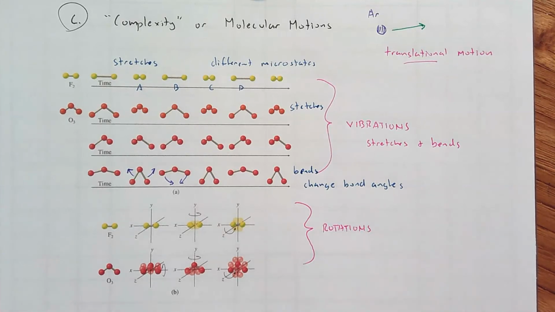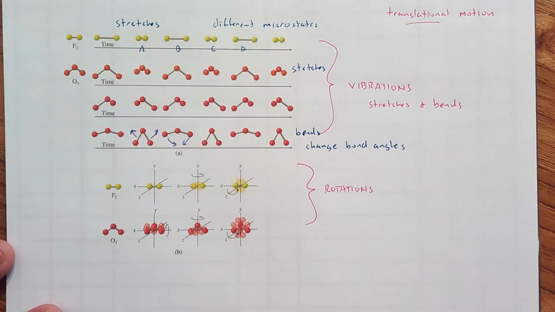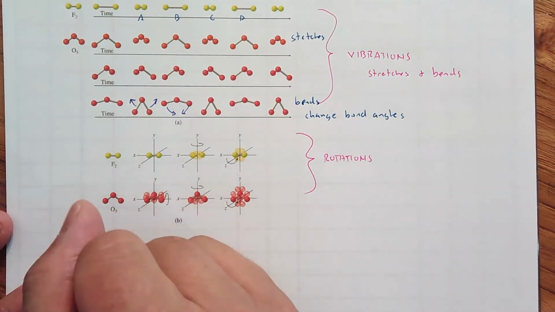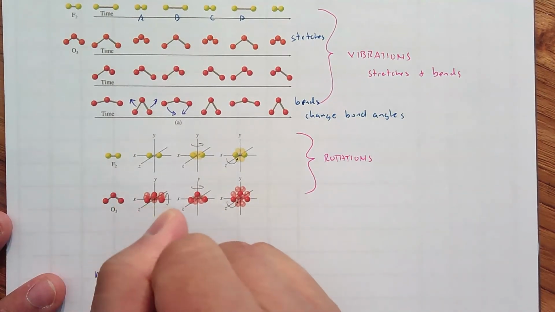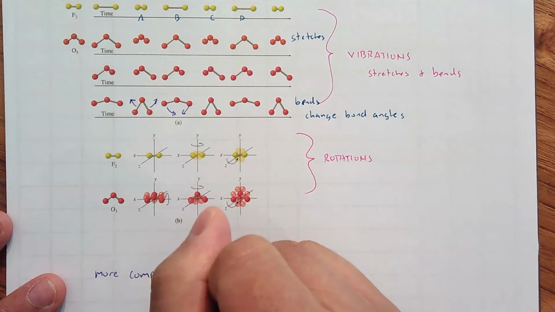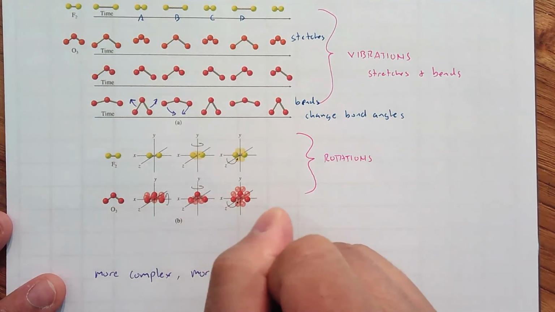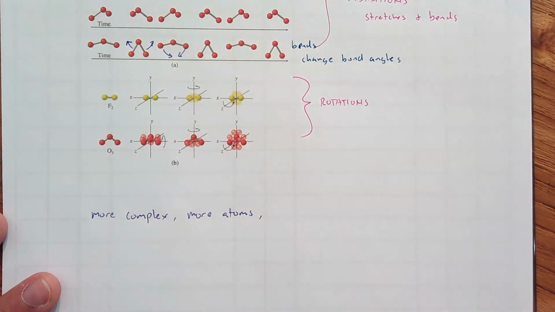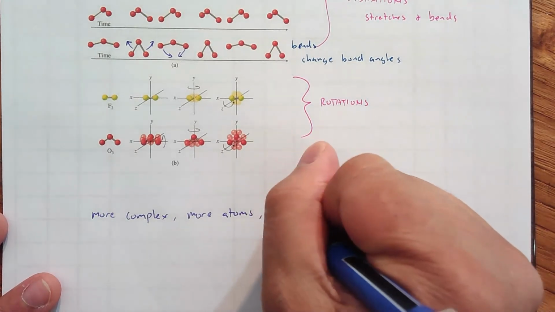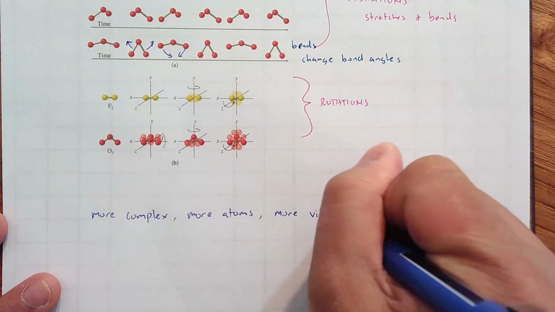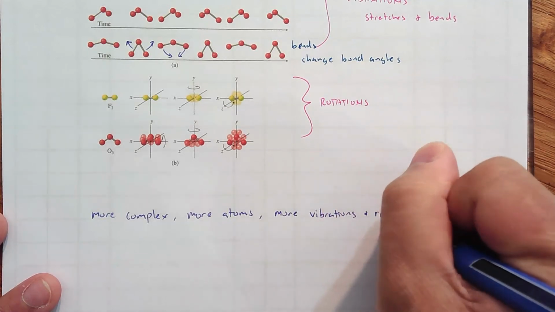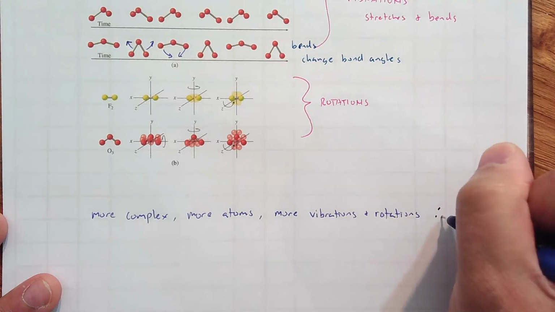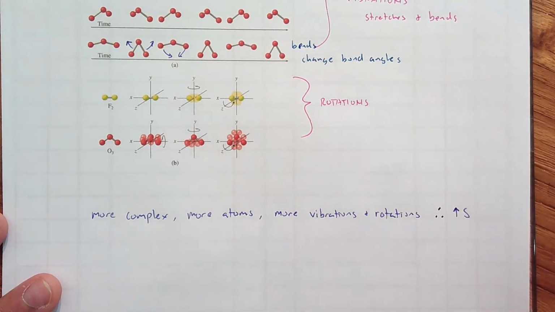So, to sum this up: the more complex, the more atoms, you'll get more vibrations and rotations. All of that points to, therefore, greater entropy.